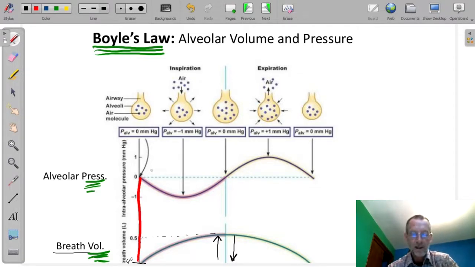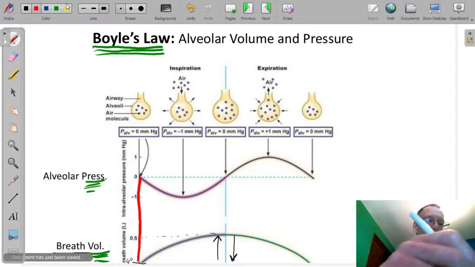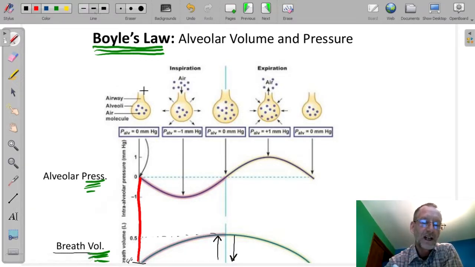Okay, so as we start to inhale on the bottom, you know that the volume in the lungs is increasing. And as it increases, the pressure goes down. So volume increasing, pressure decreasing in the lungs. And the top panel is representing alveoli.